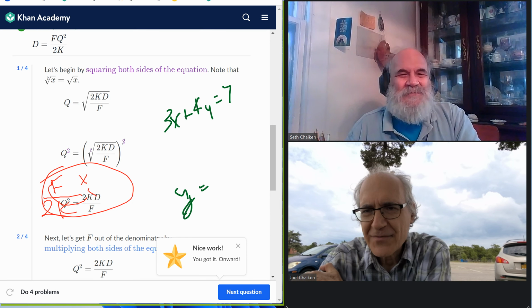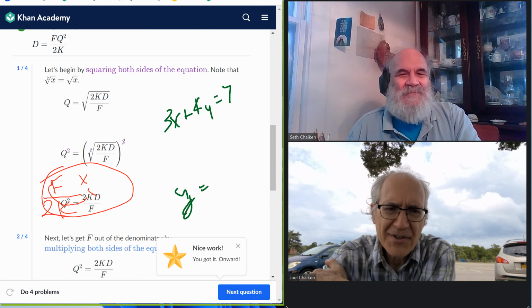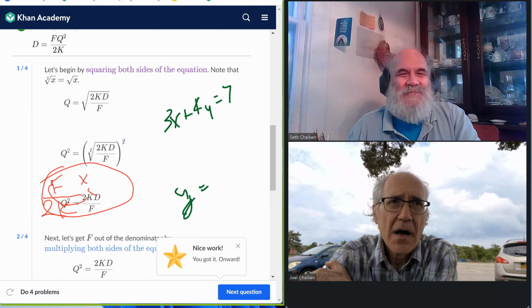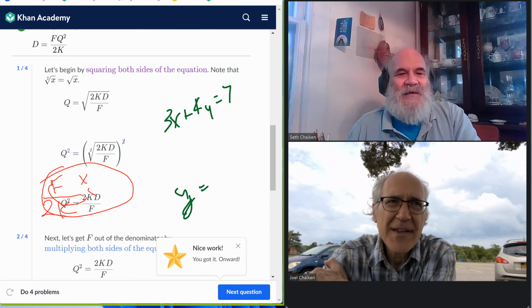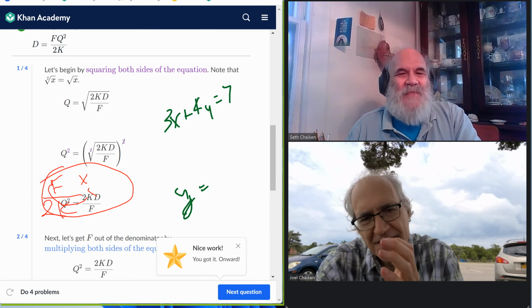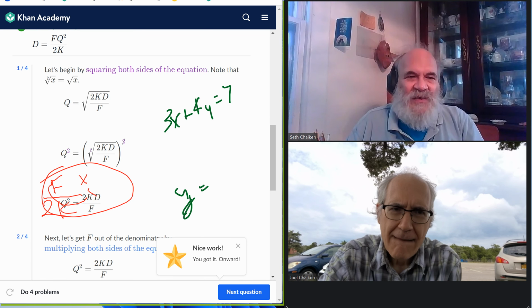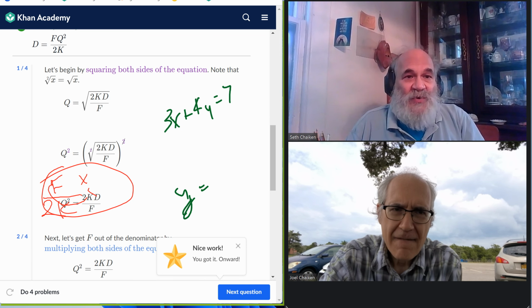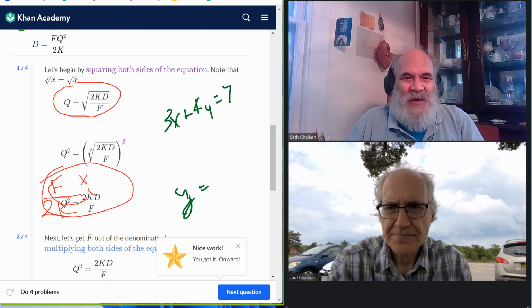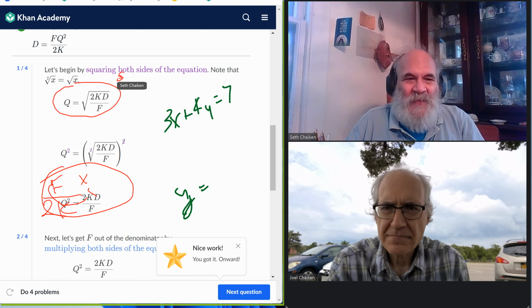Sometimes when people first learn solving formulas, they get confused and they're scared to divide by a variable. But if you're scared to divide by a variable, go back to the foundation. Again, that's the point: when you start with this, the good strategy is to square both sides.